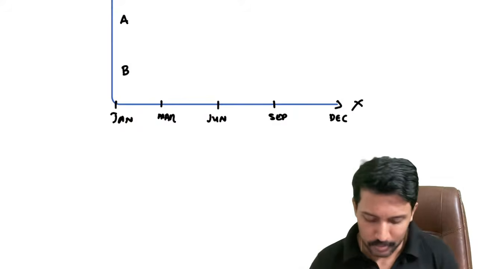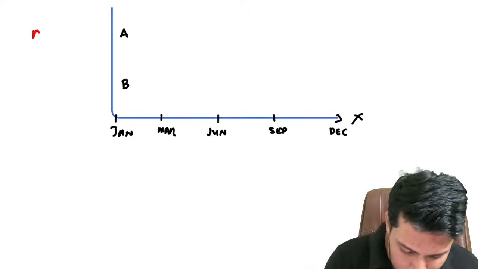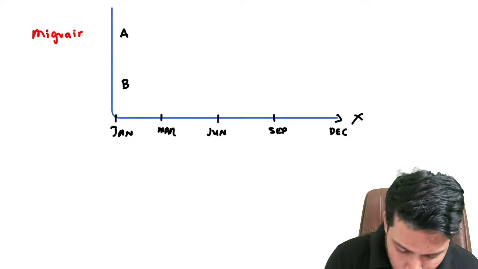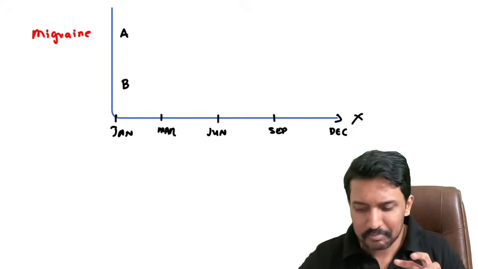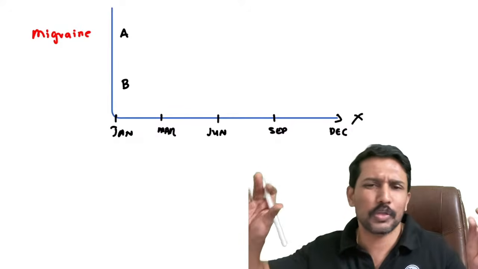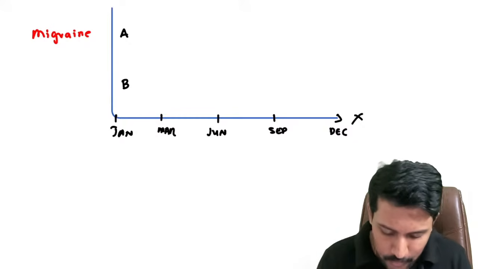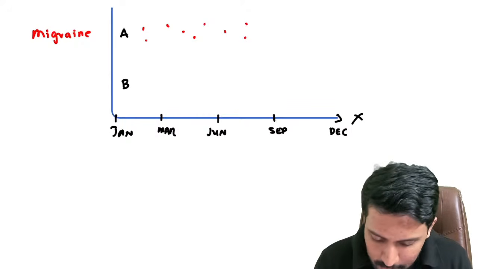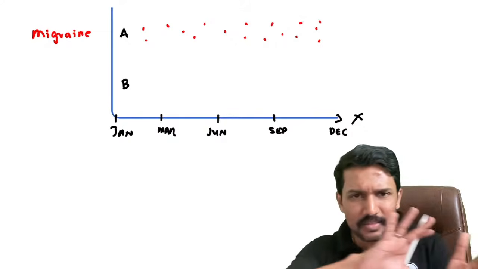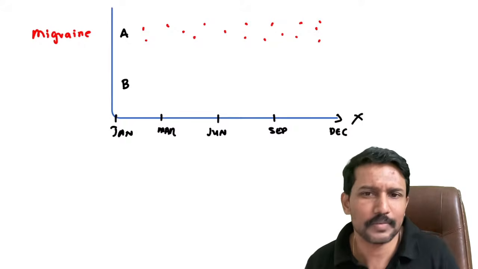This is the calendar I have plotted. A was a case of migraine. So one thing we notice in migraine is that the headache episodes are kind of uniformly distributed throughout the year. Not much of grouping happens. So if 50 attacks have happened, and if I plot them, they appear happening kind of throughout the year.